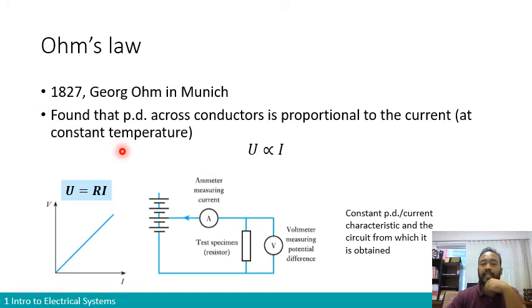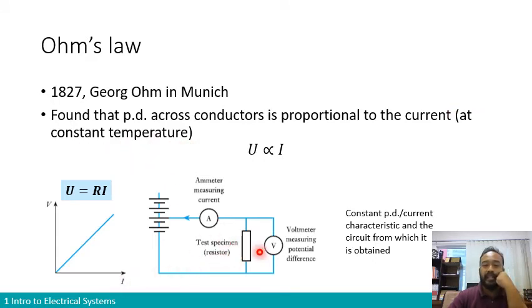What happened is basically he set up a test specimen like this, where he has a certain power supply, a voltage or EMF, connected to a certain resistance, and he measures the current that goes through the load or the resistor and the voltage across that resistor. He found out that the potential difference across this specimen of conductor, the resistor, is proportional to the current. This has a certain condition: at a constant temperature.